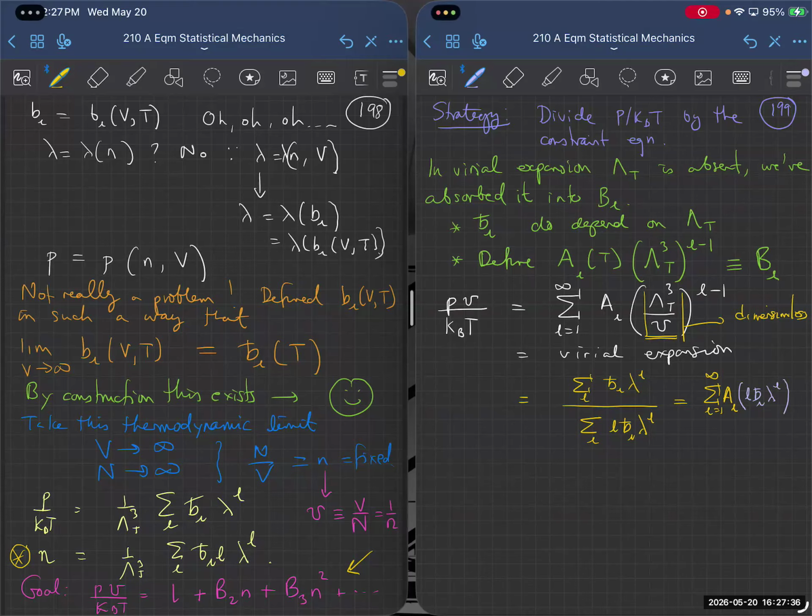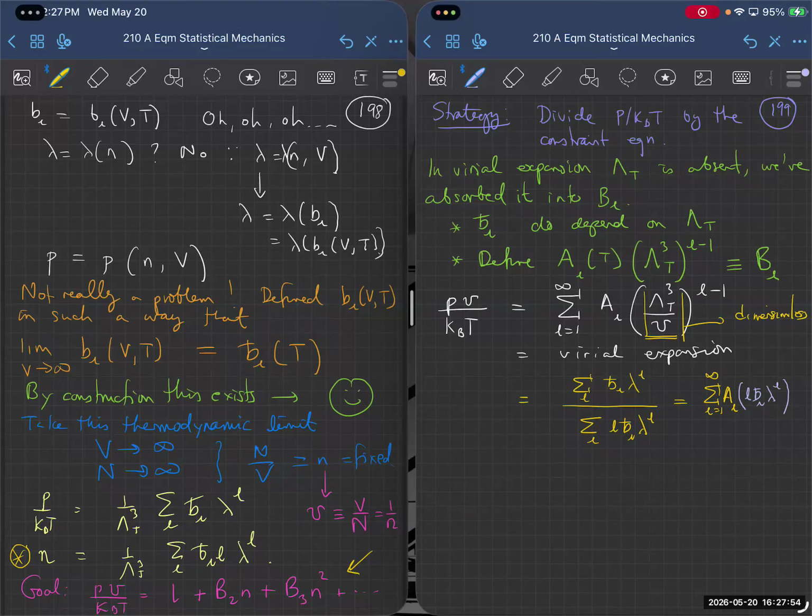I could rename the first L elephant, the second L in the denominator hippopotamus, and the third L on the right-hand side kangaroo. They're all dummy variables, they're just summed over. So when I've written it down like this, I want to make sure you recognize that.